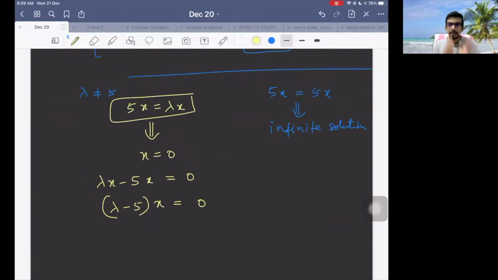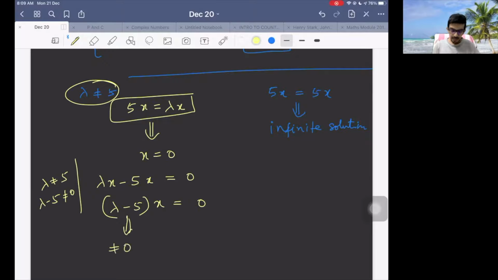Product of lambda minus 5 and x is 0, which means at least one of them is 0, right? Now, suppose lambda is not equal to 5. Lambda is not equal to 5 means what? Lambda minus 5 is not equal to 0. So this cannot be 0, which means this has to be 0. You can understand in this manner as well.